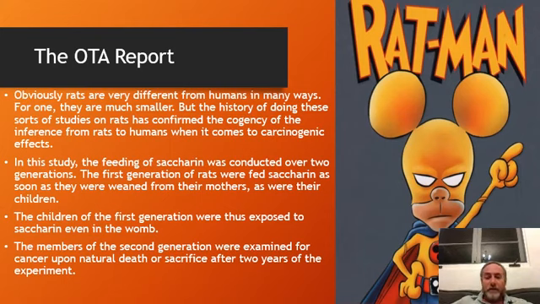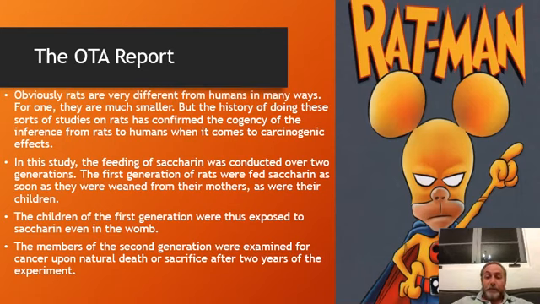So how did this particular study work? They fed saccharin to two generations of rats. The first generation, as soon as they were weaned from their mothers, when they stopped drinking milk and could eat, they started giving them saccharin. And then the offspring of those rats were also fed saccharin after weaning.